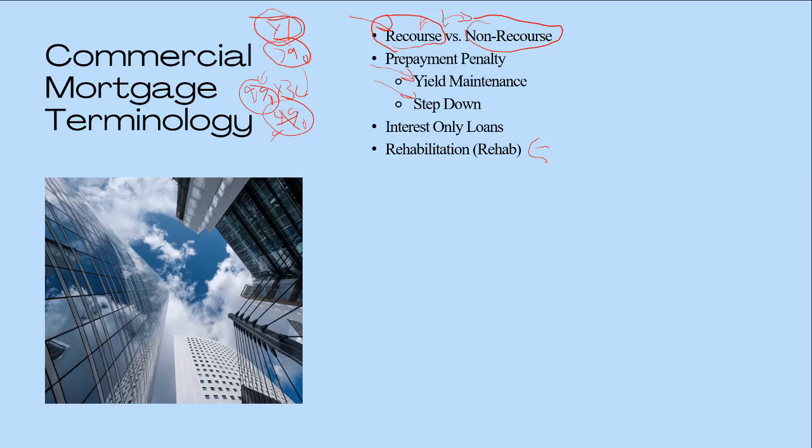Some properties don't need rehab because they're already redone. Someone has already done that work, and you're buying the property already in a condition that doesn't require significant rehab. But some investors like to buy properties that do need it because they will sell for less money.